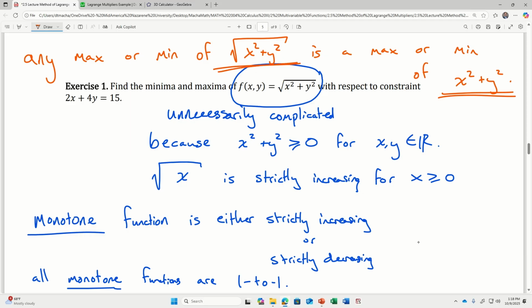So if you see a monotone function, if you see a strictly increasing or strictly decreasing function of something else in the argument, just ignore the part that's strictly increasing or strictly decreasing, right? Some functions that might be like this: if I see that, well, e to the x is strictly increasing.